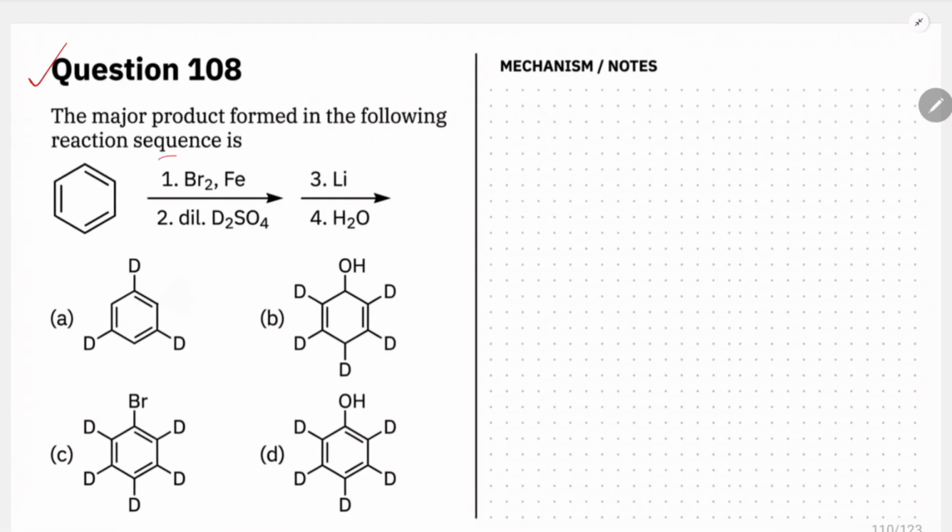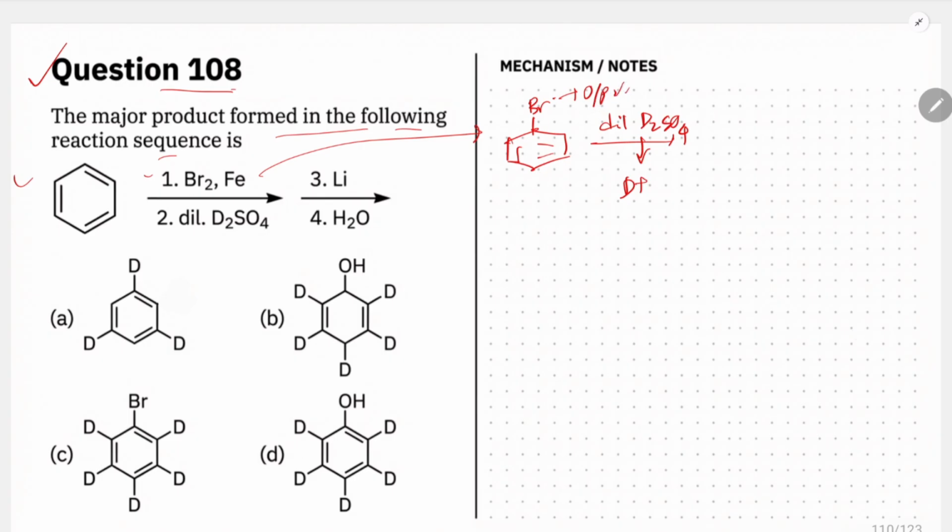Next question 108. The major product formed in the following reaction: benzene first treated with Br2/Fe. So this will give bromobenzene. This is bromobenzene, and then dilute D2SO4. This will transfer D plus. So bromine is ortho-para orienting.